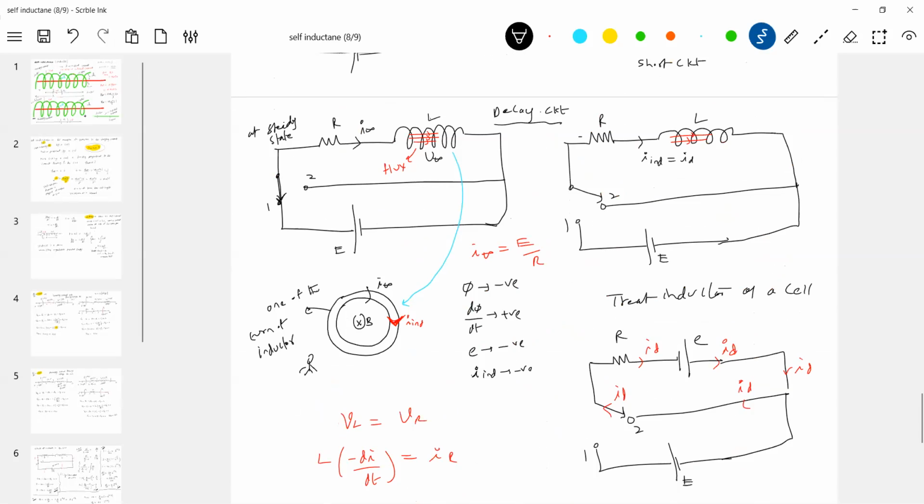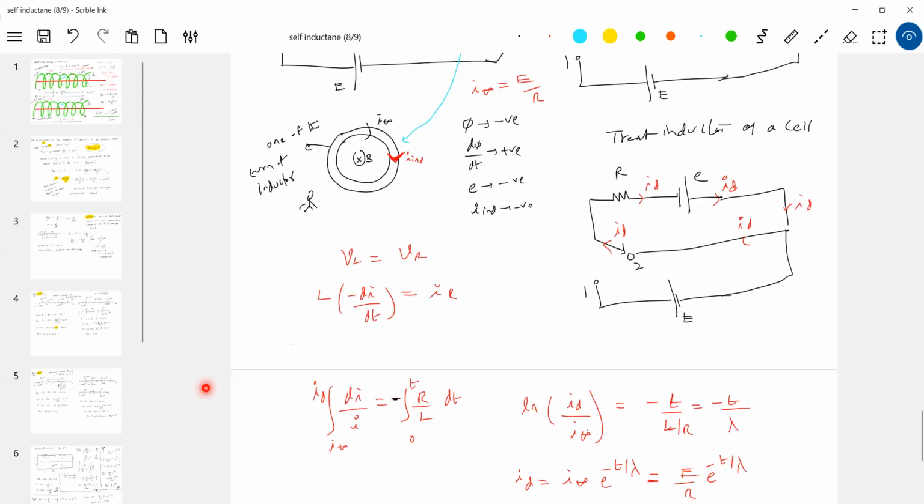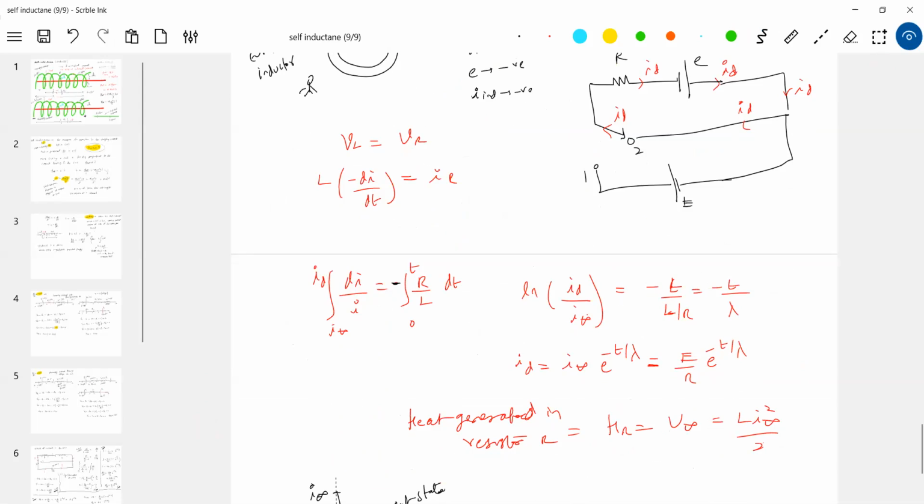Initially, when the switch was at position 1, in whatever direction the current was flowing, in that direction only the induced current should flow. And the induced current is nothing but the decay current. All the energy in the inductor will now be given to the resistor R. This is what happens here. So what is the total heat generated in the resistor R? The energy that was stored earlier in the inductor.